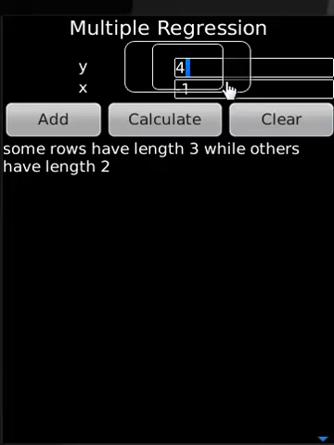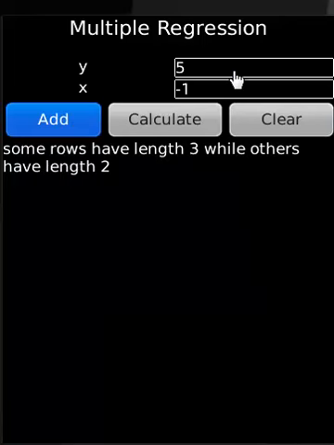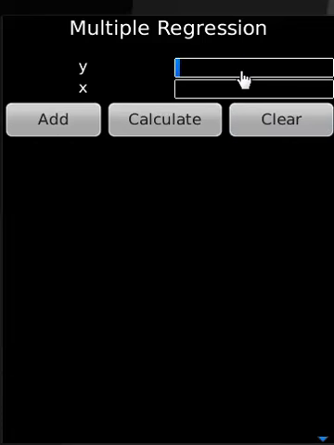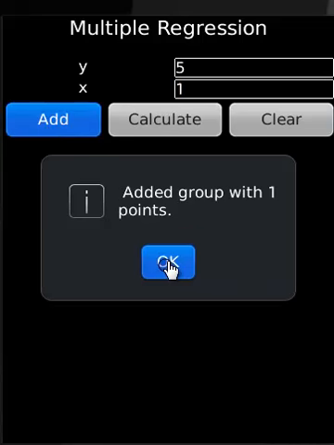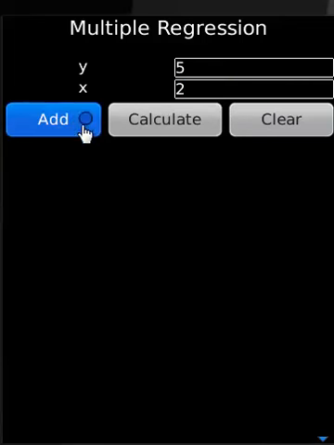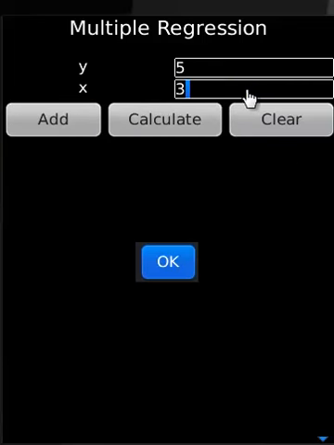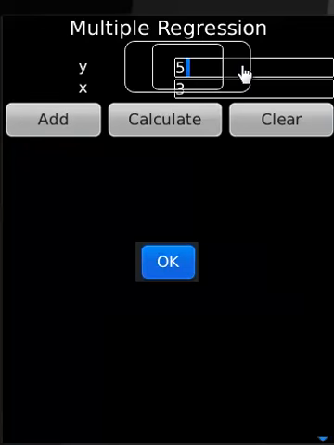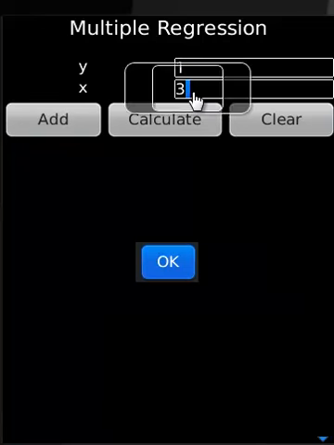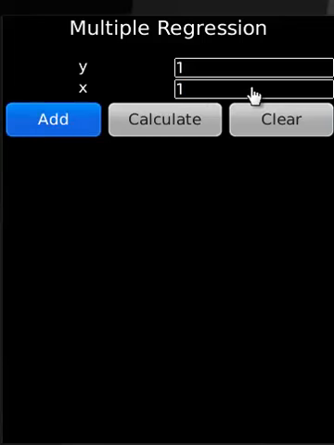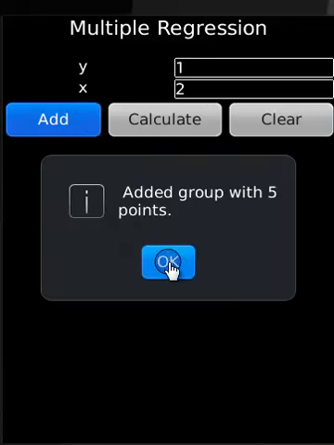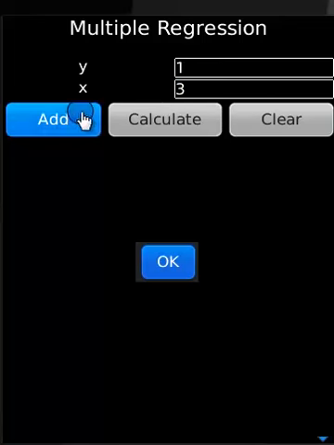Yeah, we need to add one more set of data. Let me redo it now. So they all need to have the same number of variables because that's what we are trying to predict. So 5 and 1 and 2, 3, okay, and then say 1, 1, 2, 1, 3.